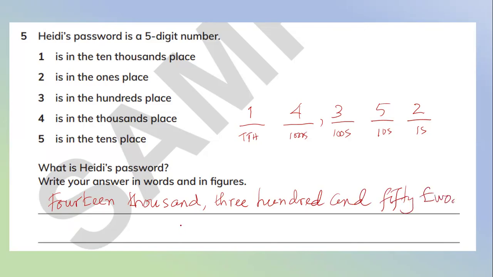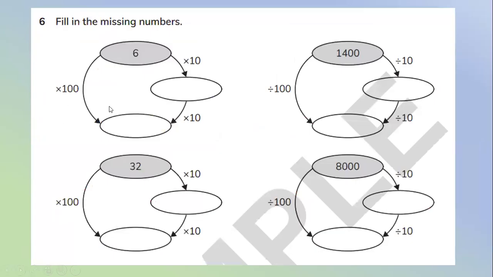In digits, in figures, 1, 4, 3, 5, 2. Number 6. Fill in the missing numbers. It's easy. 6 times 10 is 60.